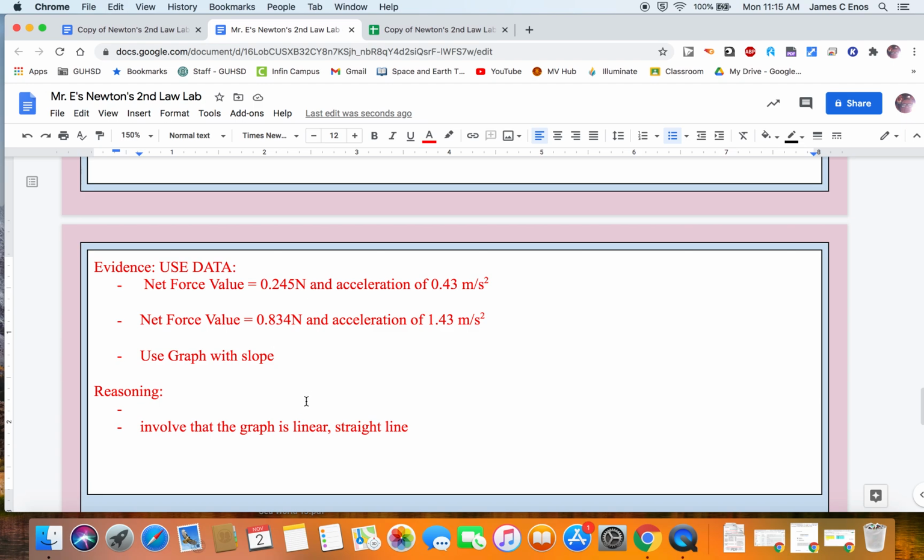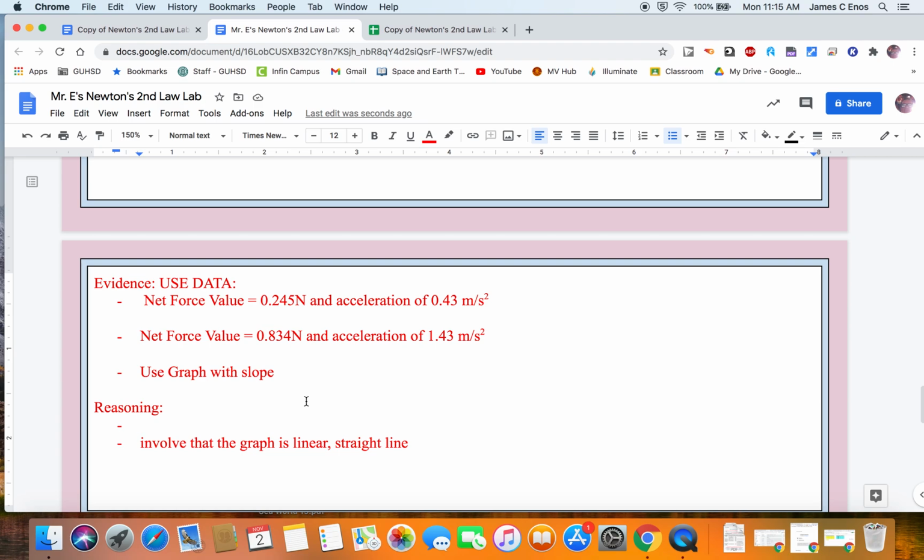And then in your reasoning, you're trying to involve that this graph is linear. You also need to say something about a linear relationship and what that gives us with that slope, and how the slope of the linear line using y equals mx plus b leads us to F equals ma, because on your graph you had force on the y-axis and acceleration on the x-axis, telling us that the slope is the mass.